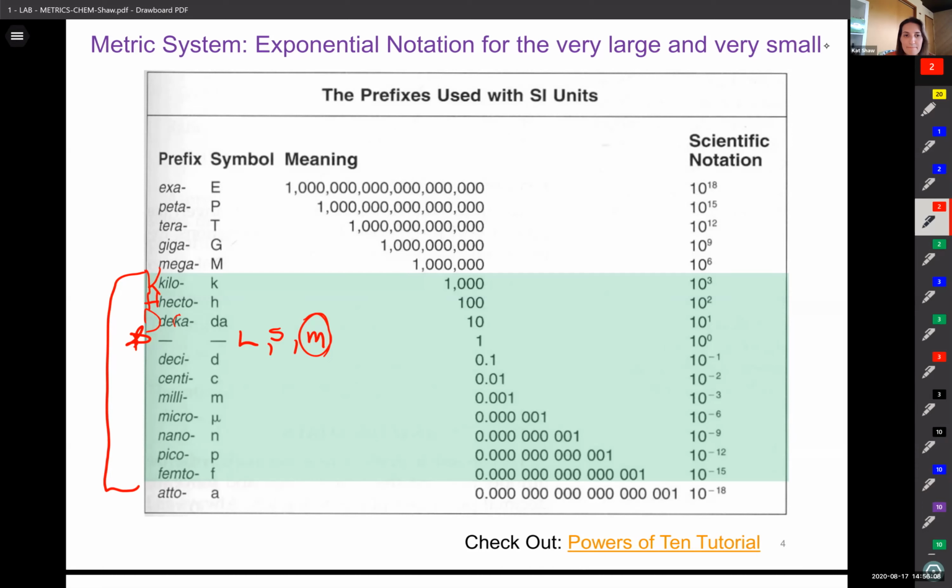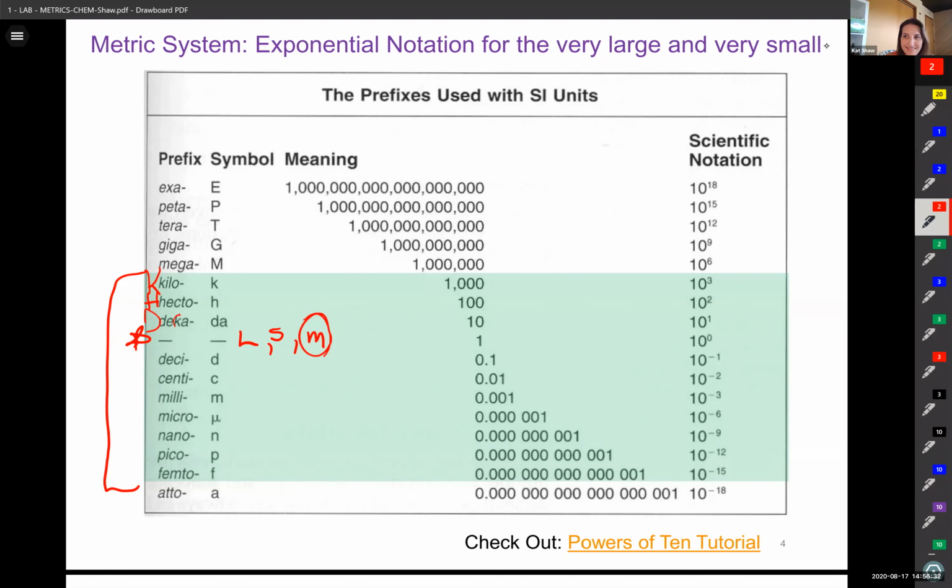I'd say that's the easiest, going from the small to larger. Going from the large to the smaller, well, there's many more prefixes to remember here. And now we're talking about fractions of a meter. So when we say a decimeter, we're talking about 1/10 of a meter.